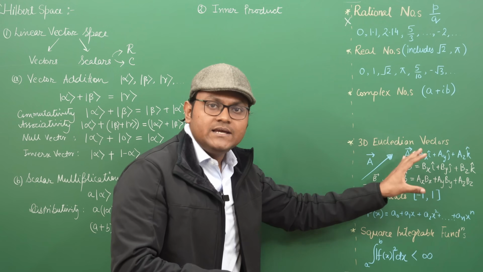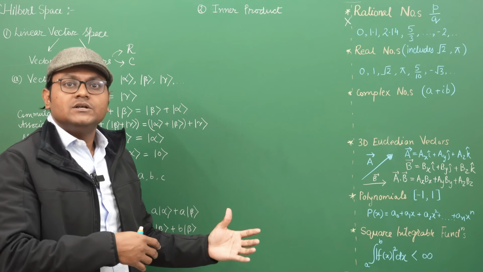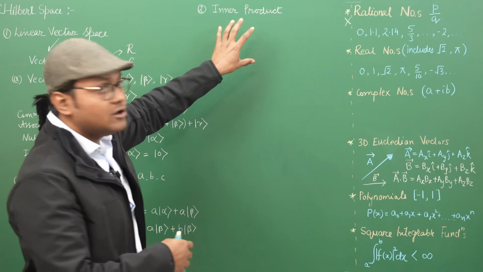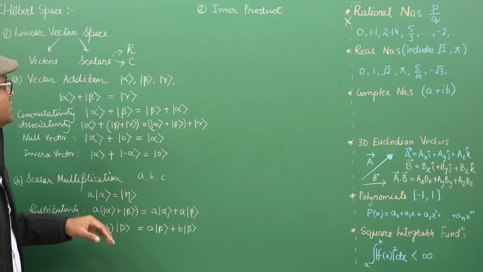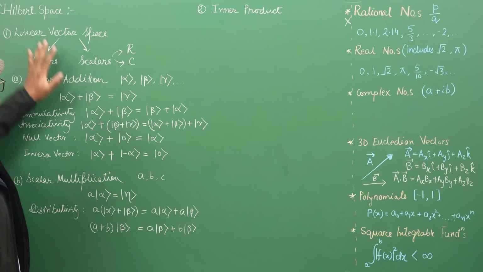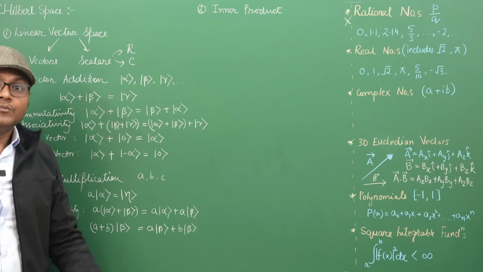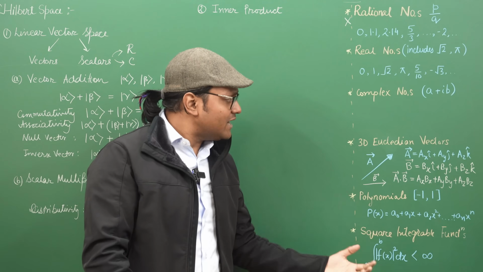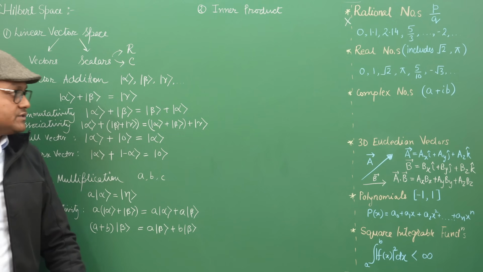This whole idea is generalized into a more abstract concept called the inner product. So when we come out of this geometrical vector space and talk about linear vector spaces in general, we can define something called an inner product, which is a much more abstract generalization of the concept of a dot product in geometrical vectors.